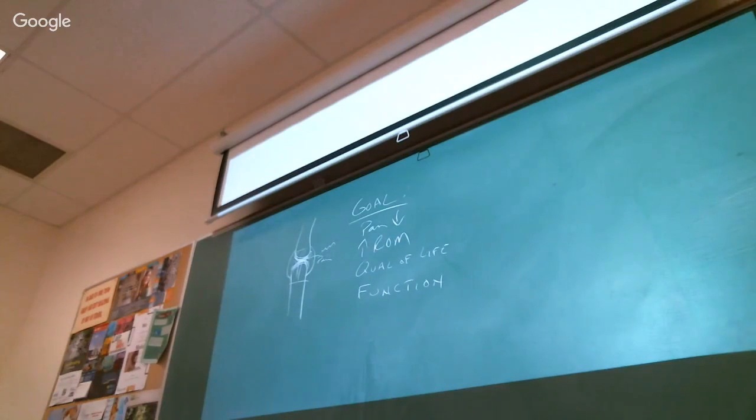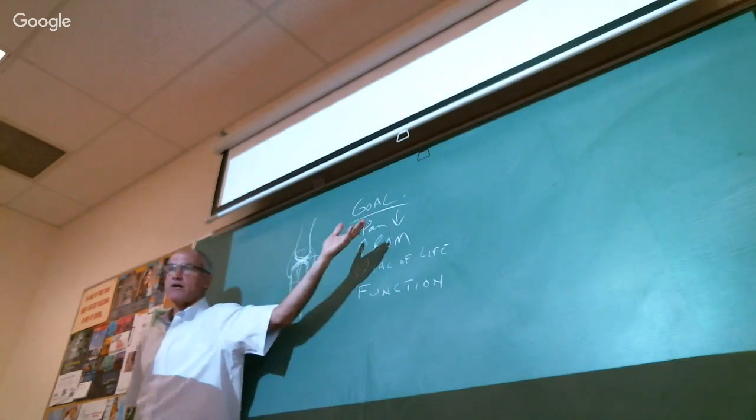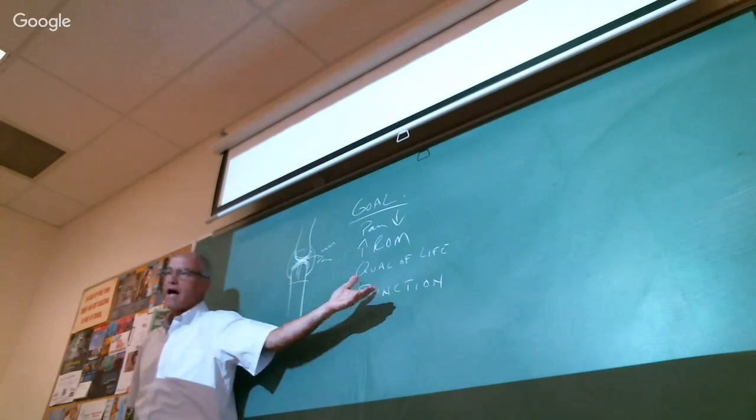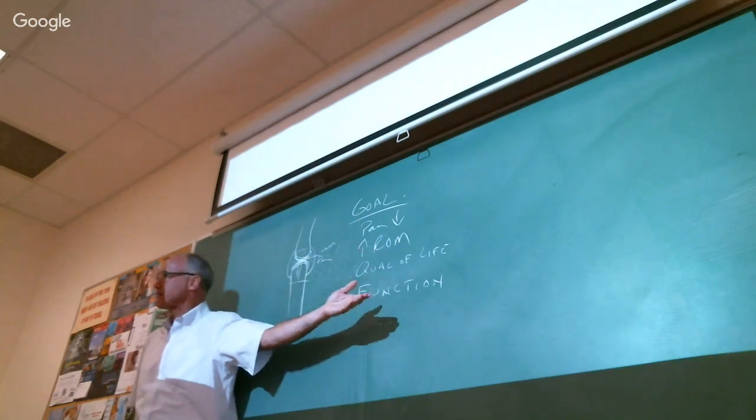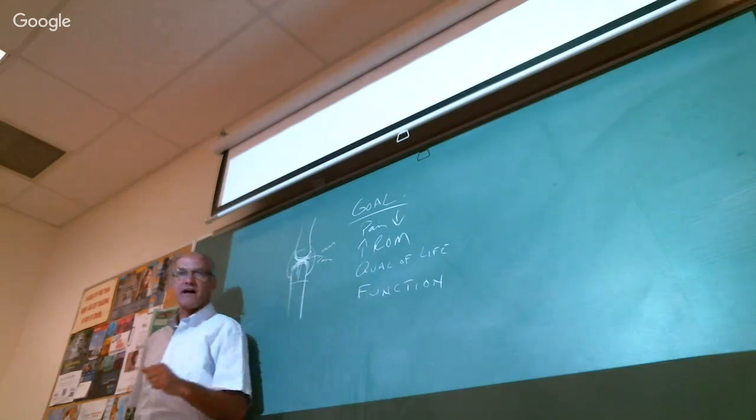It's a pretty good list to start with, right? Once you know what it is that you're trying to accomplish, now you can start to look at the treatment options in order to figure out how these treatment options address these factors.